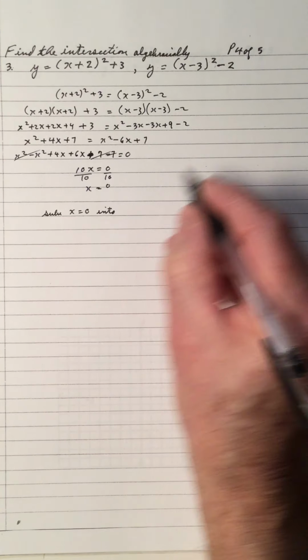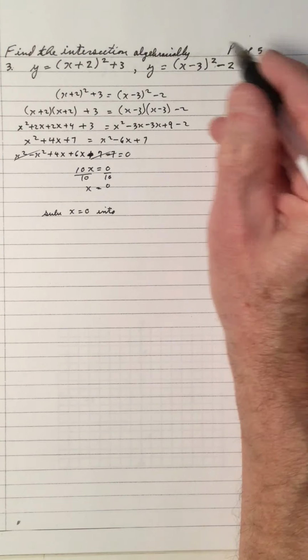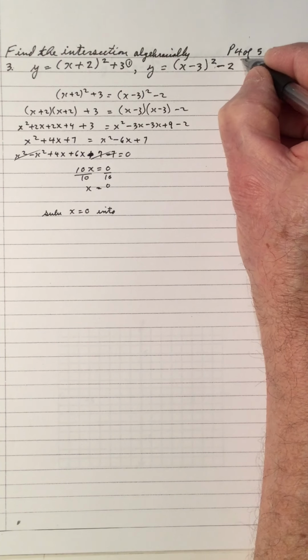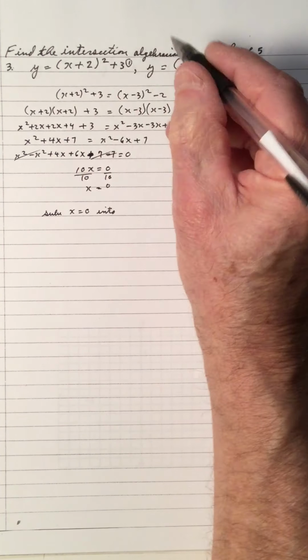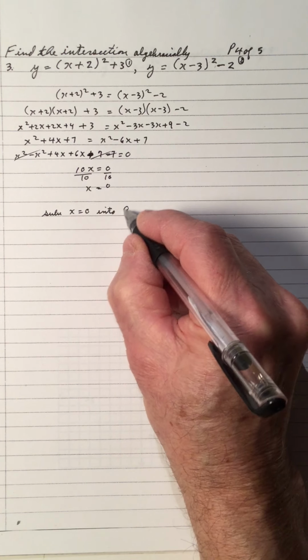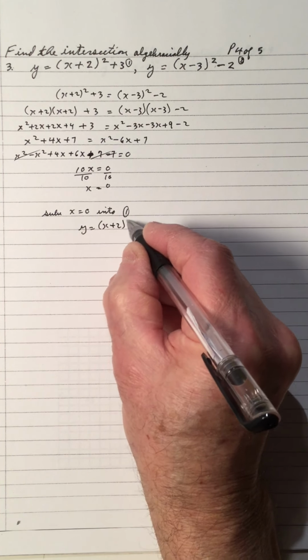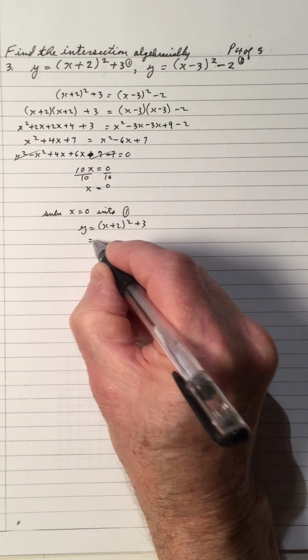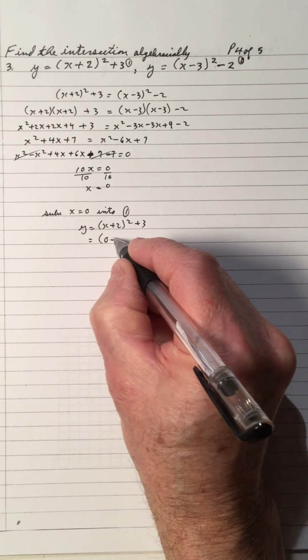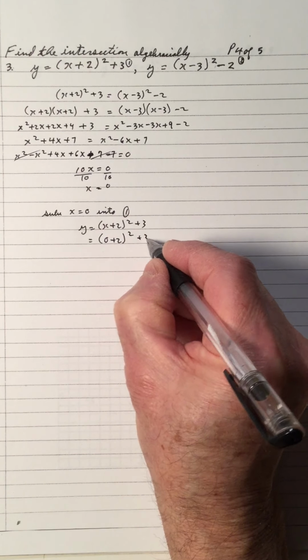So which equation do we want to go into? It makes no difference. This is equation 1 and this is equation 2. I'm going to sub them into equation 1. So y equals x plus 2 squared plus 3. X is 0, so we sub 0 in the place of x.